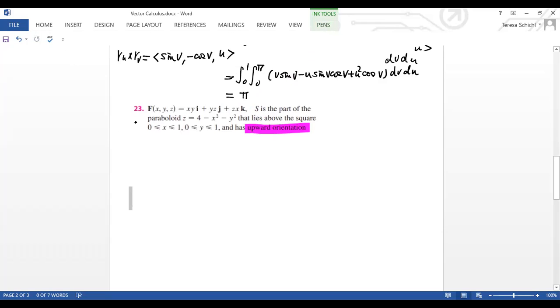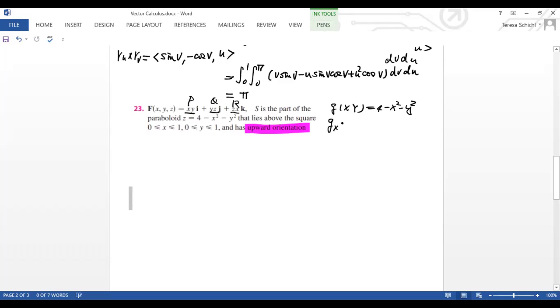All right. Because z is 4 minus x squared minus y squared, instead of doing parametrization, I can use method number 2. So this is P, this is Q, this is R. Then my g(x, y) is equal to 4 minus x squared minus y squared.